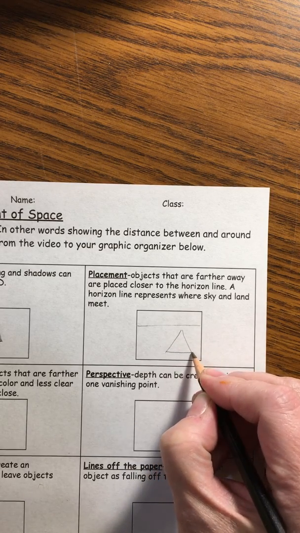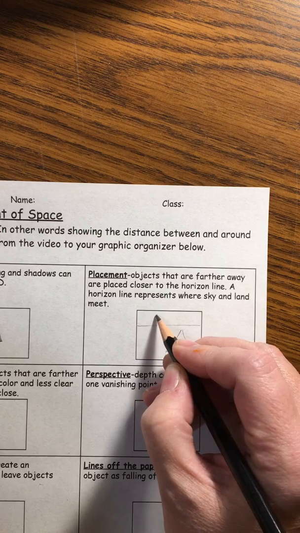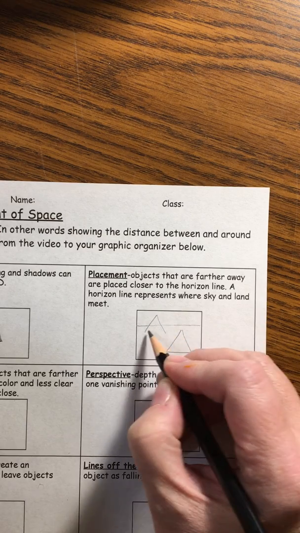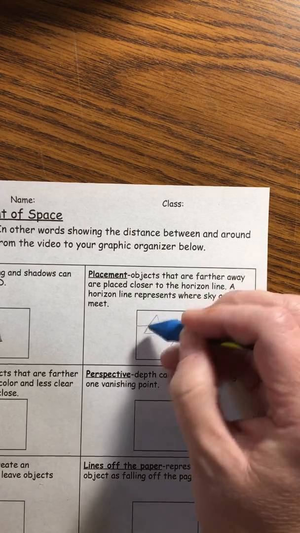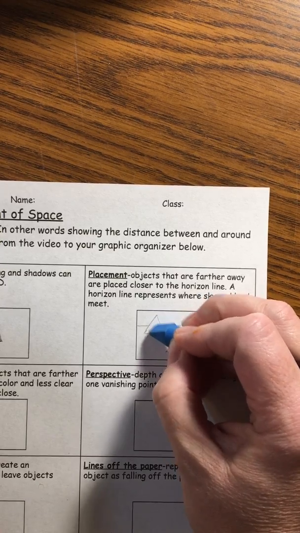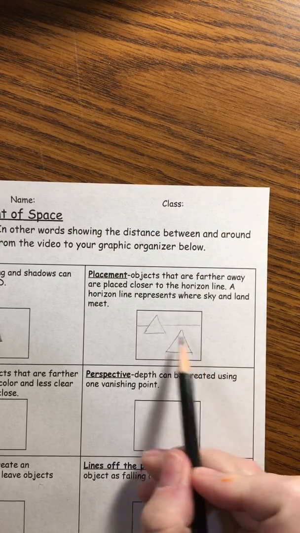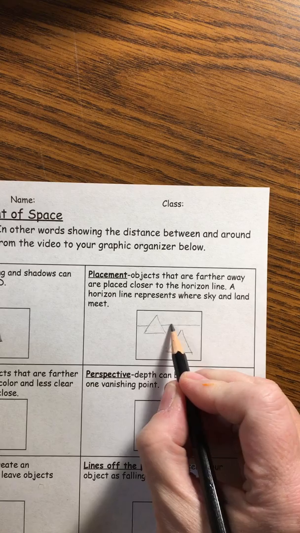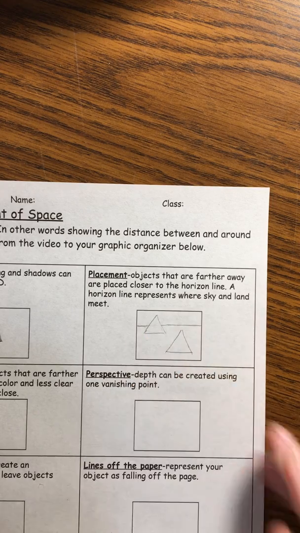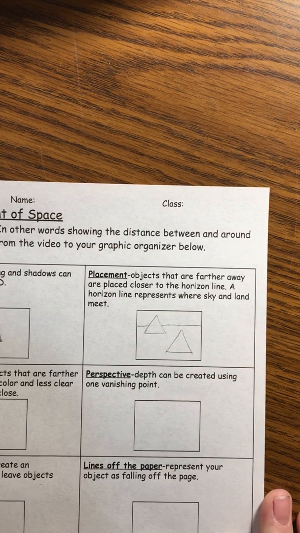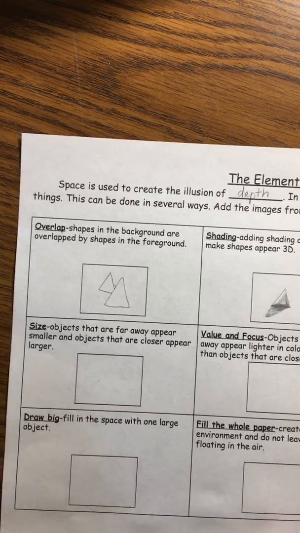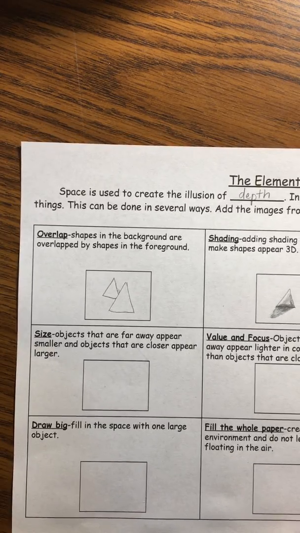This is close to the front in the foreground. And this next triangle is going to be closer to the horizon line. And even though these are almost the same size, because it's closer to the horizon line, it gives another illusion of depth.